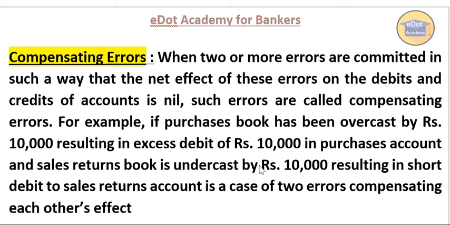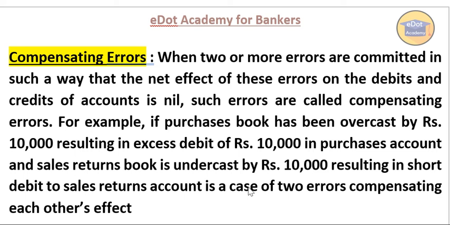For example, if purchase book has been over cost by rupees 10,000, means हमने परचेज किया और उसका ओवर कॉस्ट कर दिया, मीन्स हमने ज्यादा डाल दिया उसमें, कितना 10,000 रुपीज, resulting in excess debit of rupees 10,000 in purchase account. But at the same time sales return book is under cost by 10,000. हमने यहाँ पे क्या किया, we have over cost here and under cost here. So over cost and under cost neutralize each other. So हमारा रिजल्ट क्या हुआ, मीन्स कुछ नहीं, मीन्स कंपनसेट हो गया. So this is called compensating error.